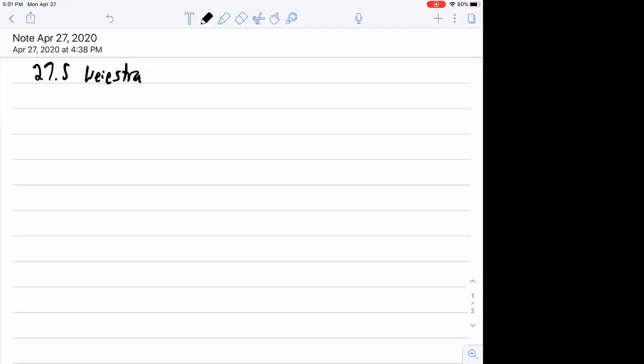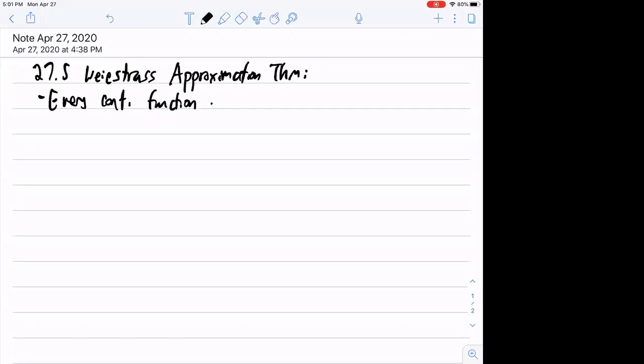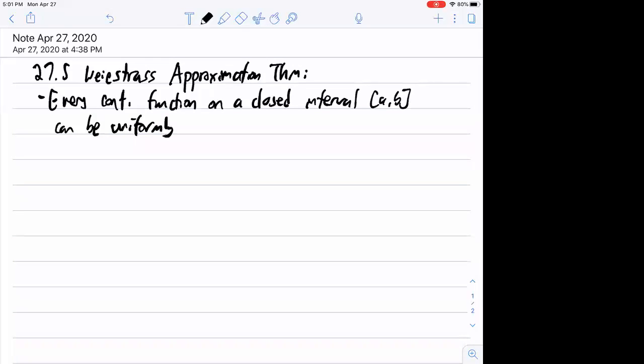So we have the Weierstrass approximation theorem. Basically it's saying every continuous function on a closed interval [a,b] can be uniformly approximated by polynomials on [a,b].